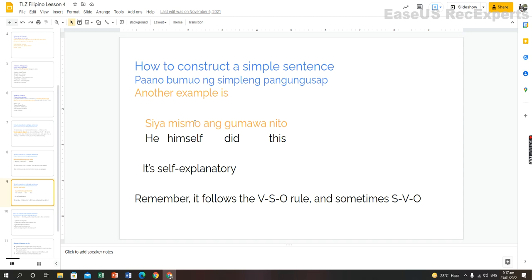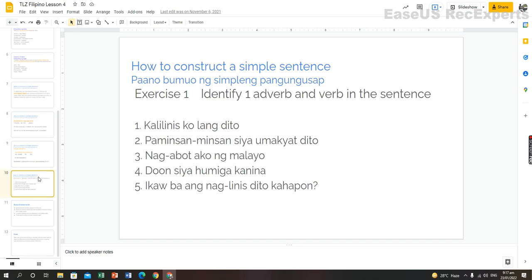Mismo is the universal self pronoun. Siya mismo, ako mismo, lolo ko mismo. Yeah, that's the universal self. Themselves, myself, herself. Yep, I'm pretty sure you get it now.